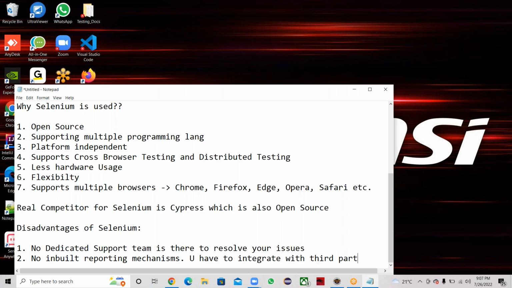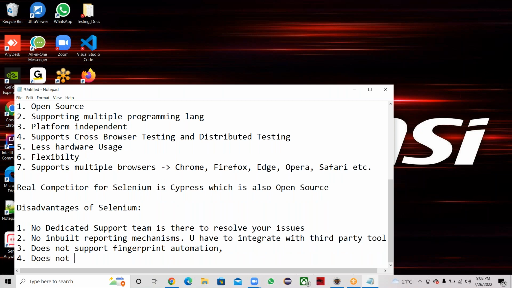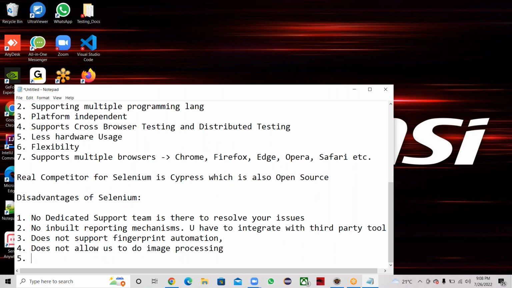You need third party tools. Clear everyone?